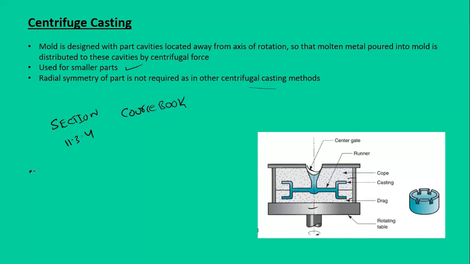It includes the following types: squeeze casting, and liquid metal forging, which is a kind of casting also. You should be aware of these terminologies. It's a section of only half a page.